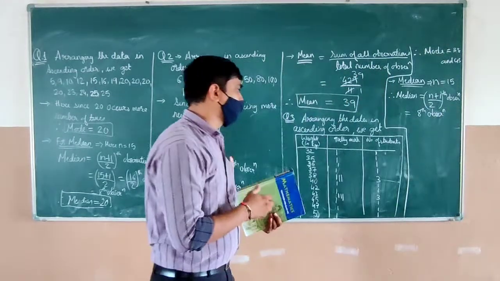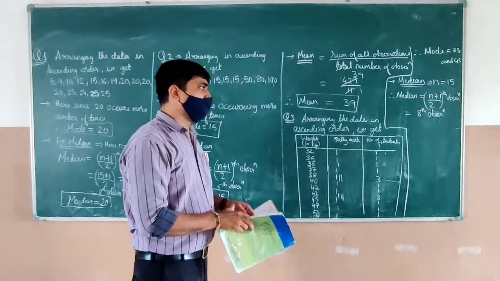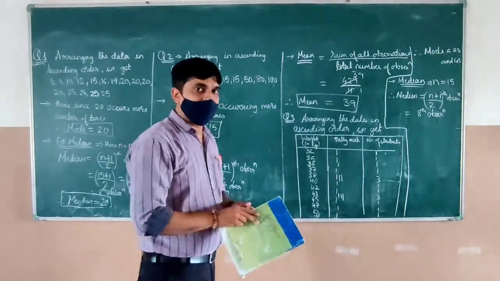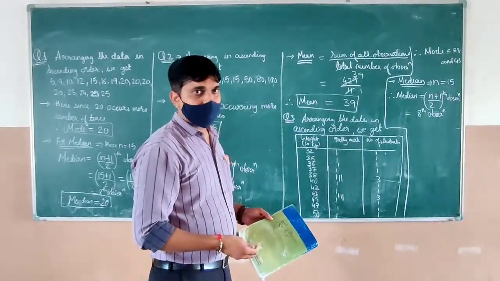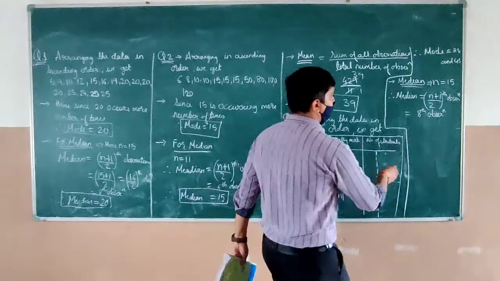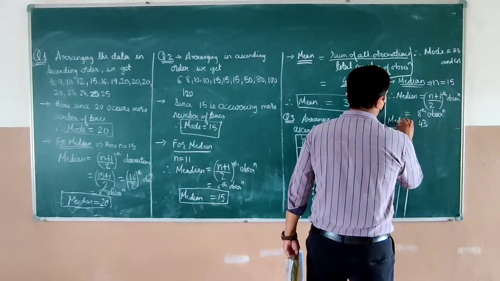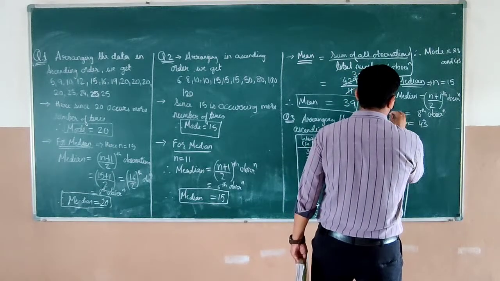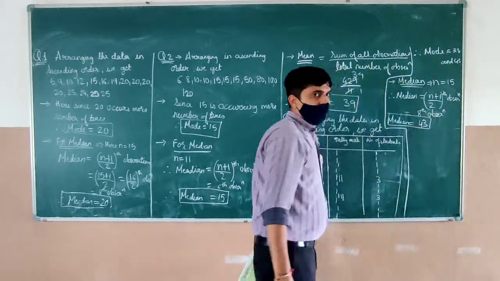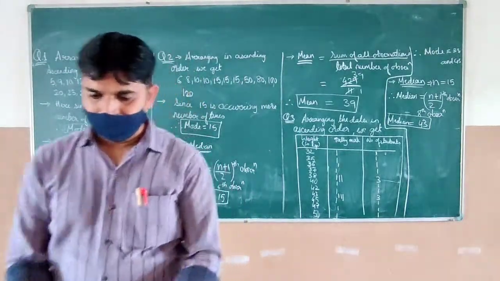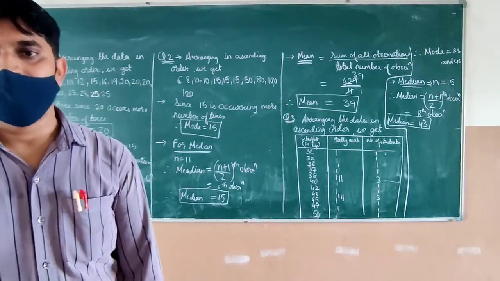Now which one is the 8th observation? If you arrange, it is 43. Median is 43. Is it 43?